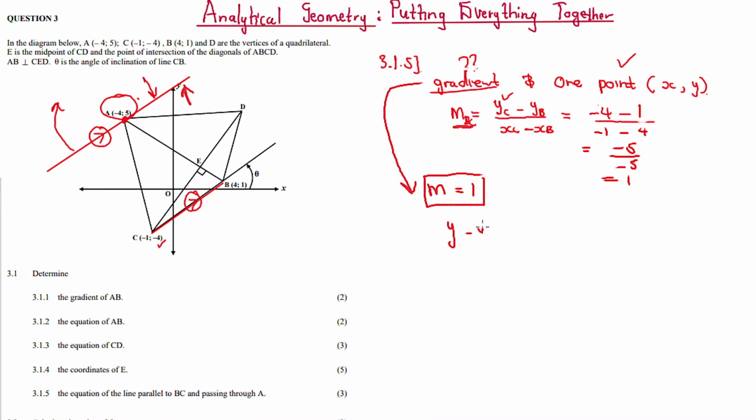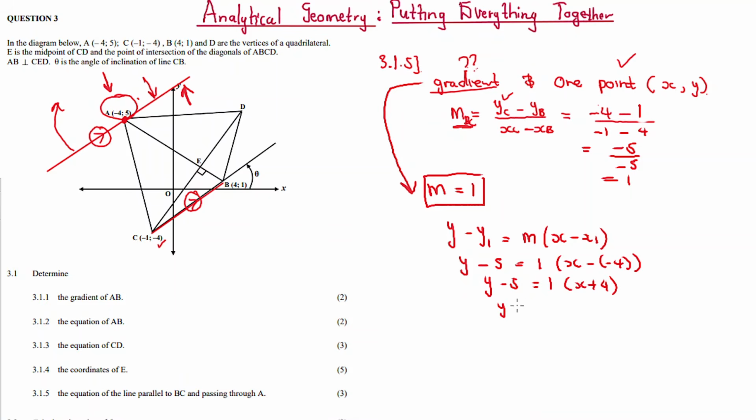I'm going to use y minus y1 equal to m times x minus x1. So y1, I have only one option. It's the point A. So the y coordinate for the point is 5, equal to gradient 1, x minus the x coordinate, which is negative 4, close bracket. y minus 5 is equal to 1, x plus 4, we remove the bracket.